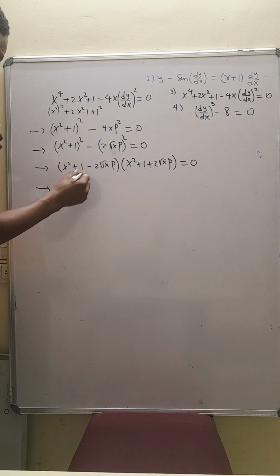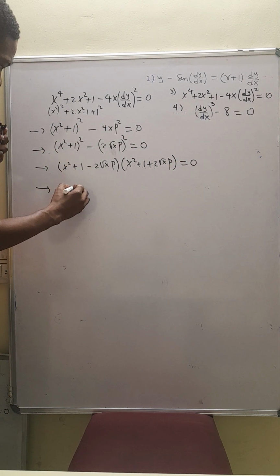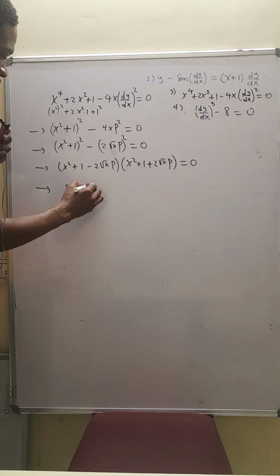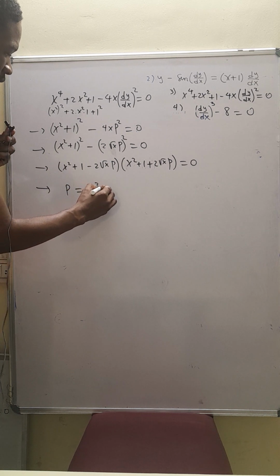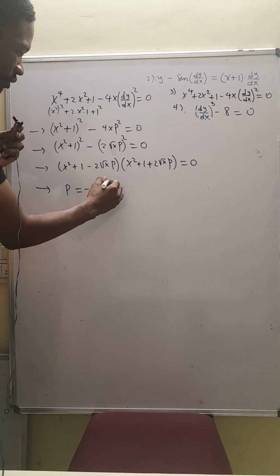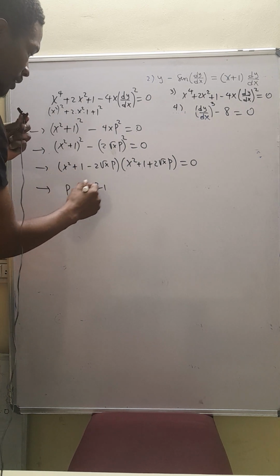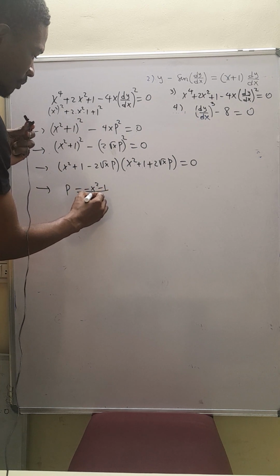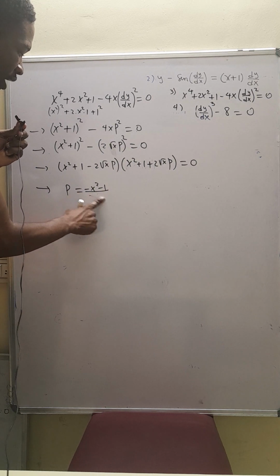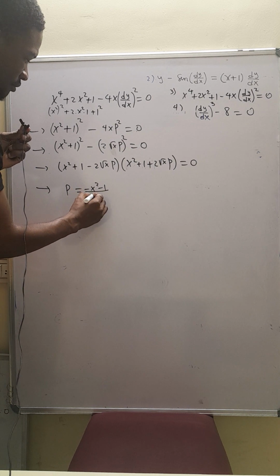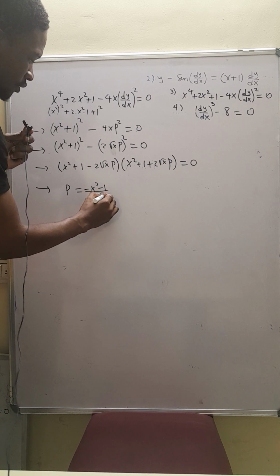So it will be the same. What will p be here? p will be equal to minus x squared minus 1, sorry, minus x squared minus 1 all upon minus 2 root x.